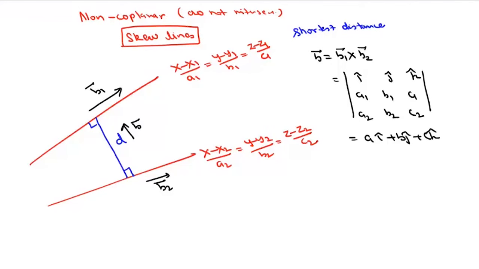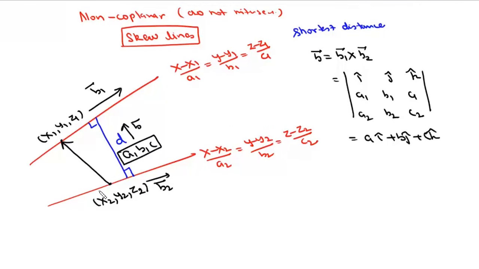So all we need to do is find the direction ratios of this line of shortest distance, A, B and C. Now we'll define a vector from this one line to another line. A point on the first line is x1, y1, z1, and this point is x2, y2 and z2.